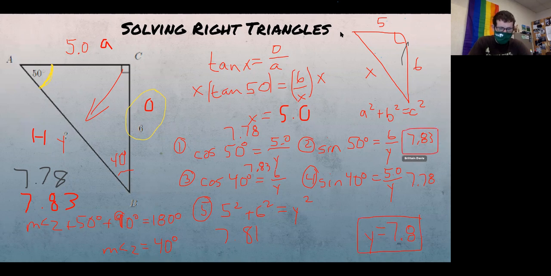The smallest one is 7.78. That's just 5/100ths difference. And that's entirely due to the fact that we rounded this value up here. This wasn't exactly 5.0. If we had used the exact value, we would have gotten it 100% the same. But because we rounded, it's not going to be exactly the same.